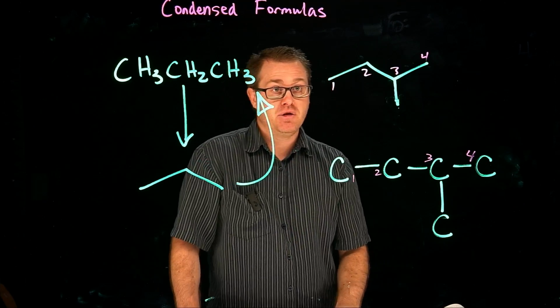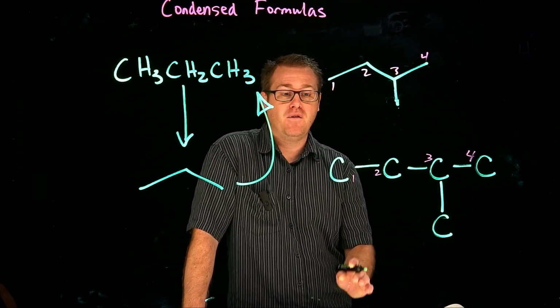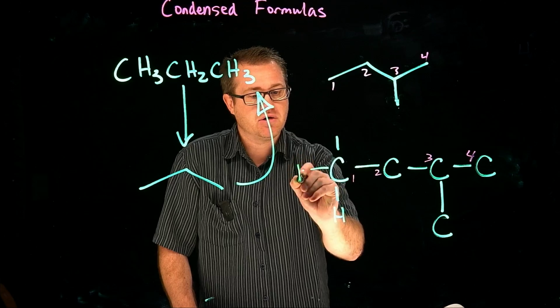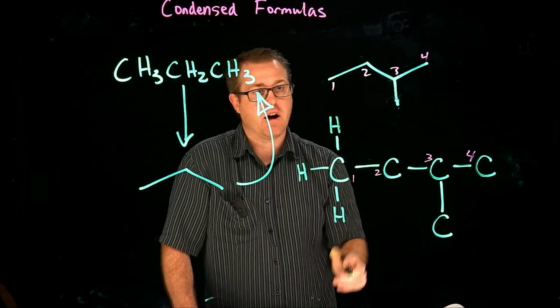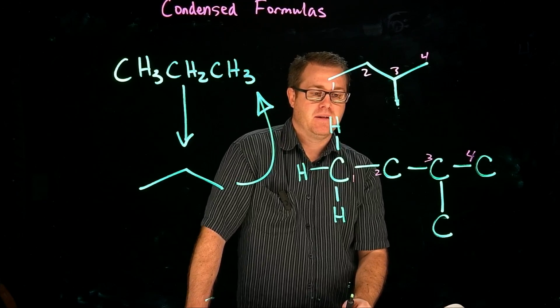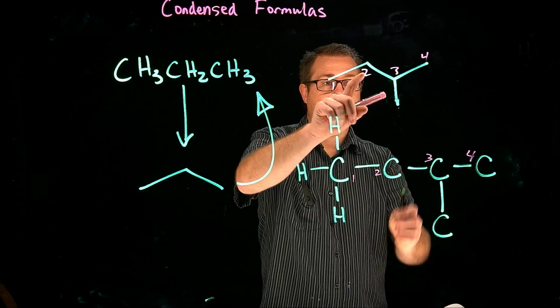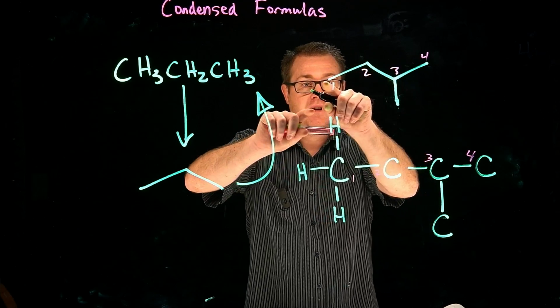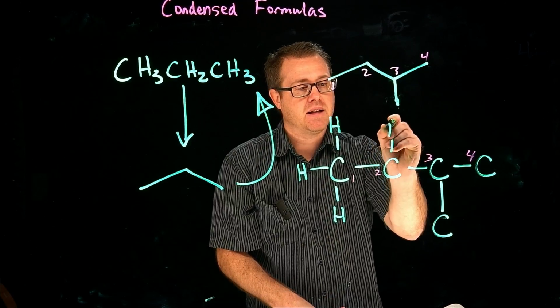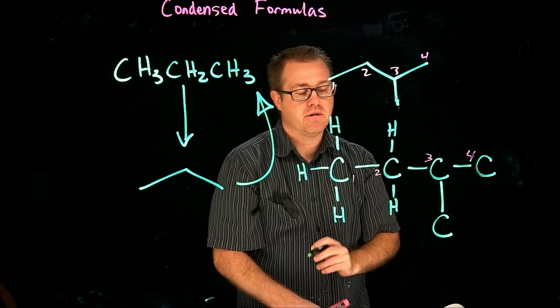How many bonds does a neutral carbon have to have? 4 total. So that means there are 3 additional carbon-hydrogen bonds that are not shown, that are completely implied. We go to carbon 2, and I see carbon 2 is bonded to carbon 1 and carbon 3. So that's 2 bonds. So that means that there's 2 hydrogens.